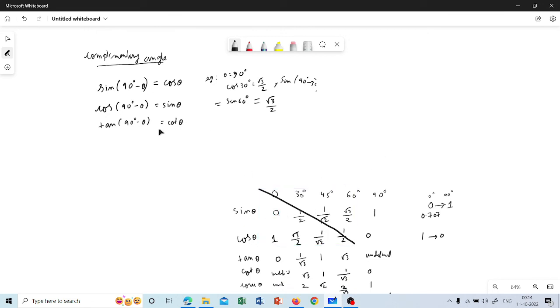Cot 30 is root 3, and tan 90 minus 30, that is tan 60, is also root 3. So this formula for complementary angles is very evident from the table. This is a shortcut. These are simple tricks which make life easier.